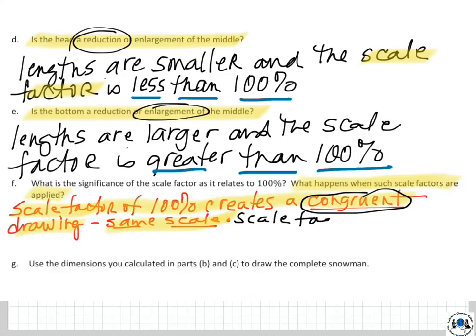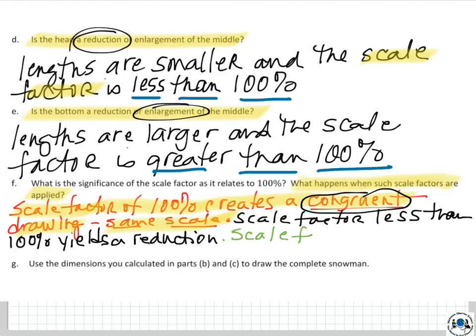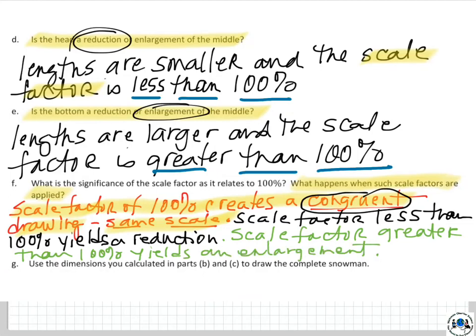Now, scale factors less than 100% yield a reduction, all right? And scale factors, of course, greater than 100% yield an enlargement. So a 100% scale factor is congruent. Scale factors less than 100% are reductions, and scale factors greater than 100% are enlargements.